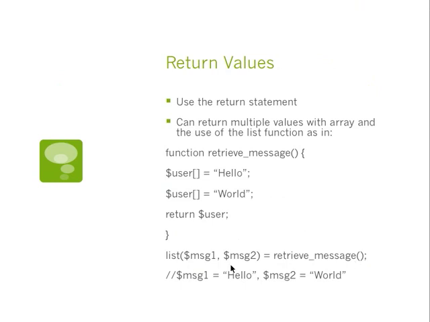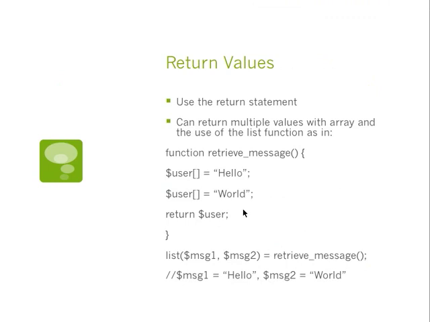So what happens here is that you can instantiate an array within a function, and then you can return that array using the return statement. In PHP you can take that function and make a call to it, and using the list function you can indicate the names of each of the elements within the expected return.